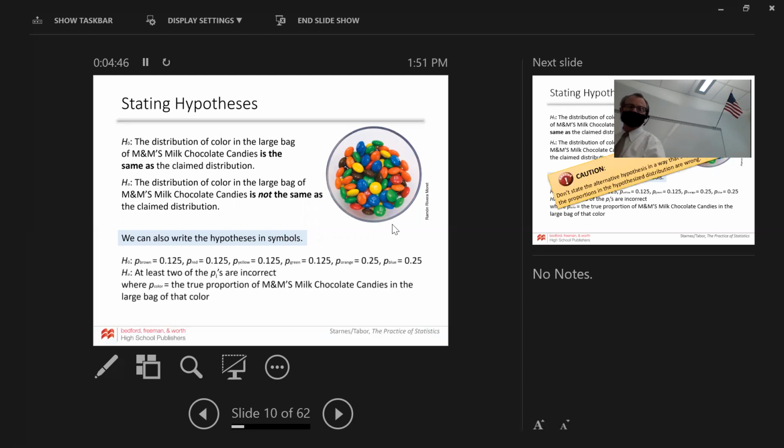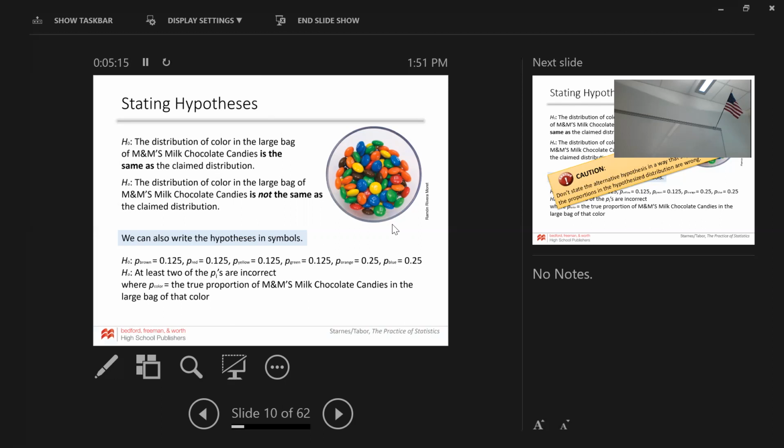So here's what they're saying. You got to think about this because I found this out. I used to explain this wrong. And kids still achieve on the test. The null is that brown is 1/8, red's 1/8, yellow's 1/8, so on, till blue's 1/4. That's what they published. The alternate is not that these are not equal proportions.